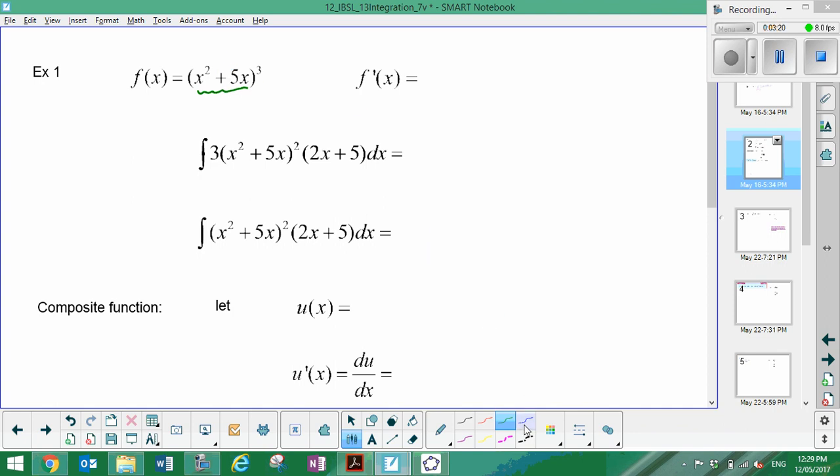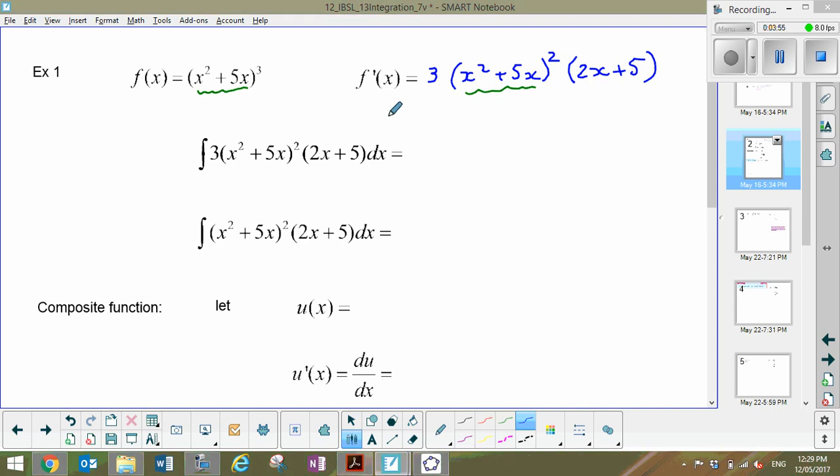If we differentiate this, we have x squared plus 5x, and our first step is to bring our 3 down the front, subtract 1, so that's now squared. Now we multiply by the derivative of the term inside, and that becomes 2x plus 5.